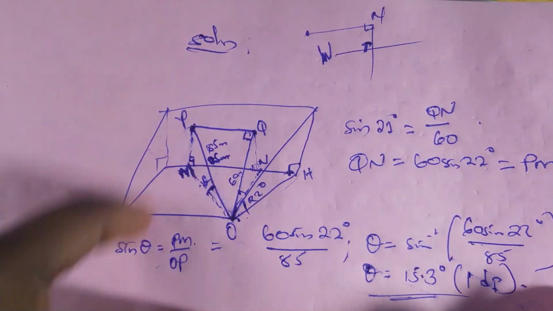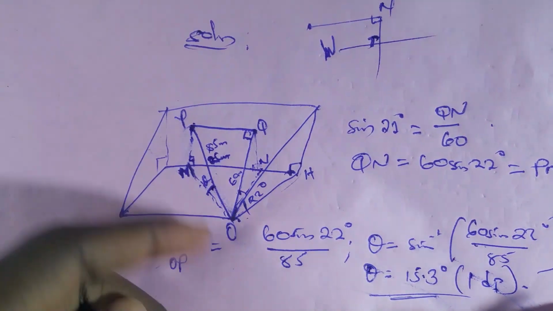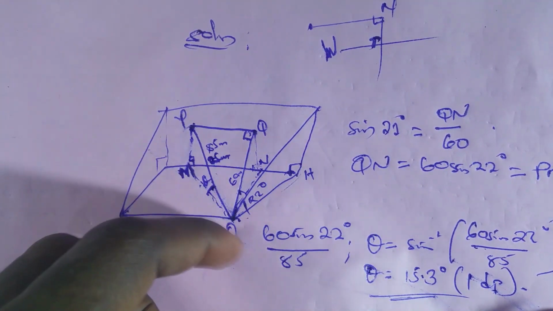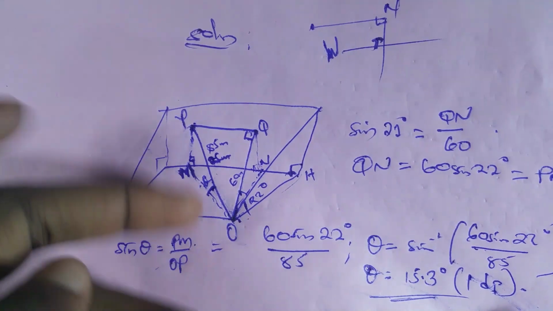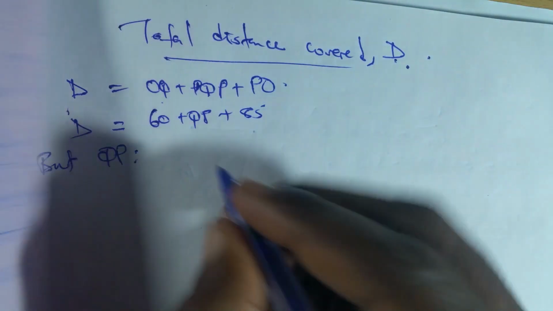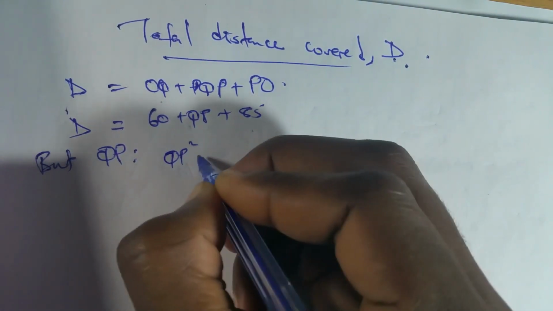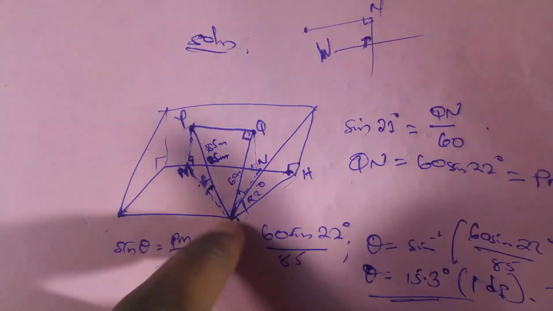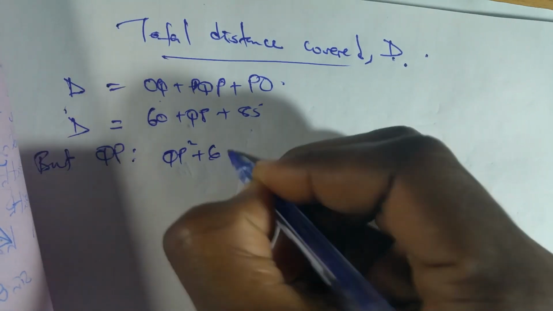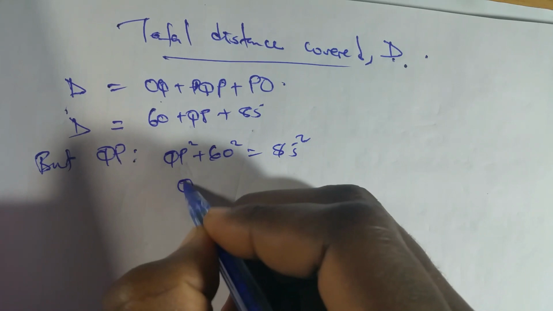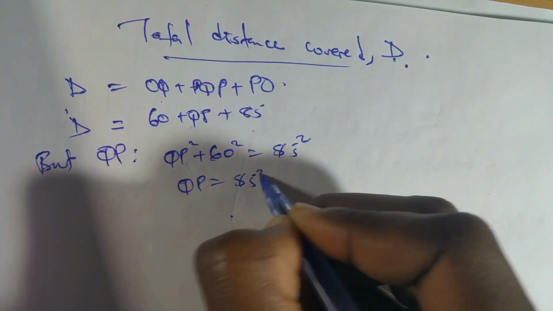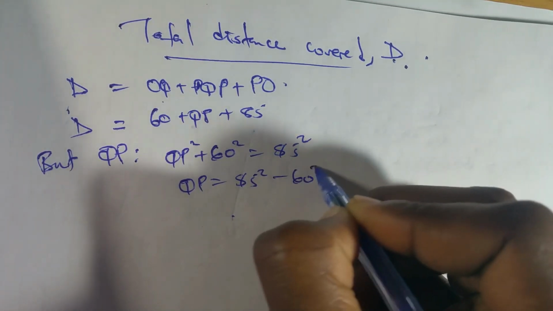For QP, we have 90 there, 85 here, 60 here, with the hypotenuse, and it's a right angle triangle. That means this side squared plus this side squared is equal to 85 squared. So QP squared plus OQ, which is 60 squared, equals 85 squared. So QP equals the square root of 85 squared minus 60 squared.